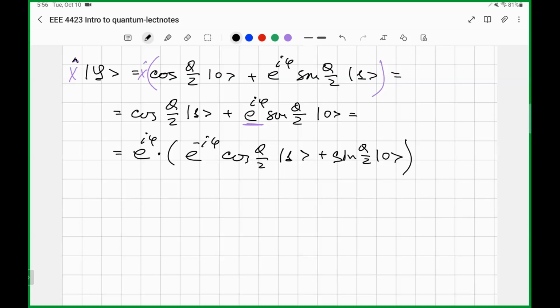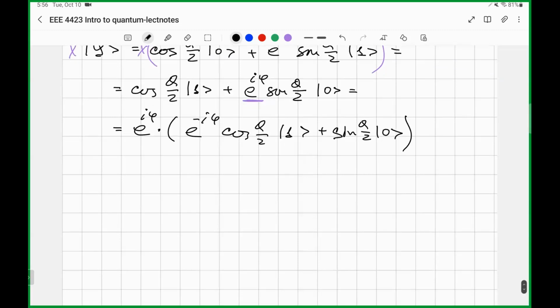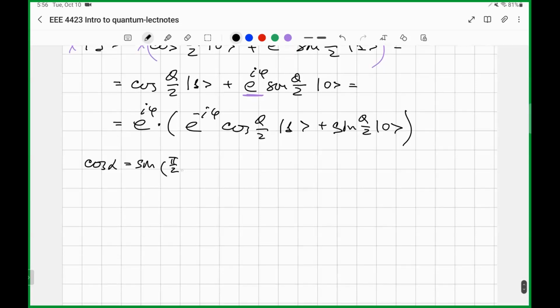Okay. So now I can use the fact that cosine is a sine of some angle. So cosine of some angle alpha is the same as sine of pi over 2 minus the angle. And likewise, the sine of the angle is cosine of pi over 2 minus the same angle.